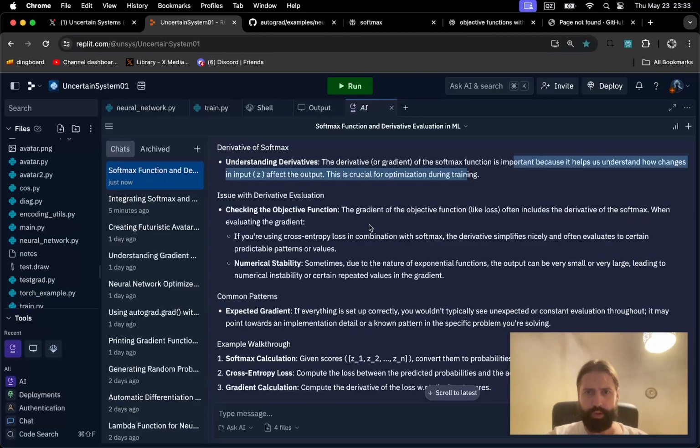The derivative of the loss often includes the derivative of the softmax. With cross entropy loss combined with softmax, the derivative simplifies nicely and often evaluates to predictable patterns of values. The output can be very small or very large, leading to numerical instability or certain repeated values in the gradient.